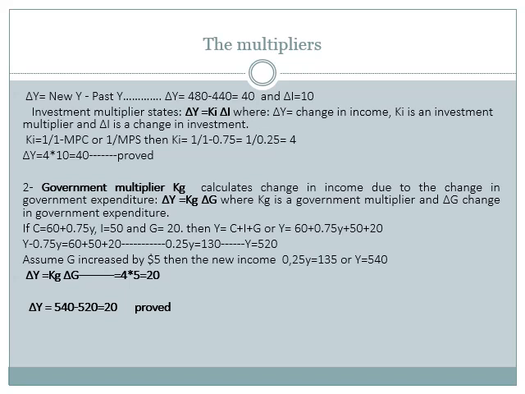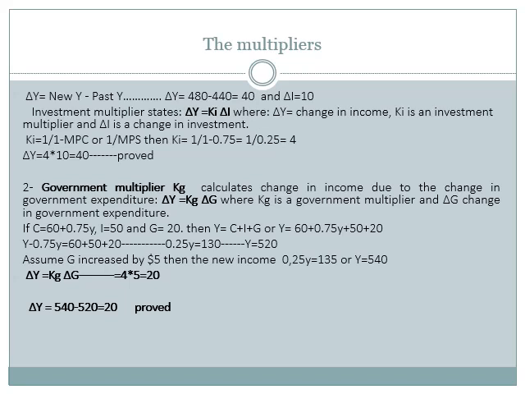The formula of ki equals the reciprocal of MPS, or 1 over 1 minus MPC. As mentioned, 1 minus MPC equals MPS, so 1 over MPS. Then, where is MPC? Let's return back to our consumption function, where MPC equals 0.75.